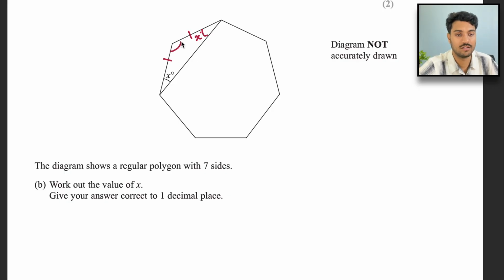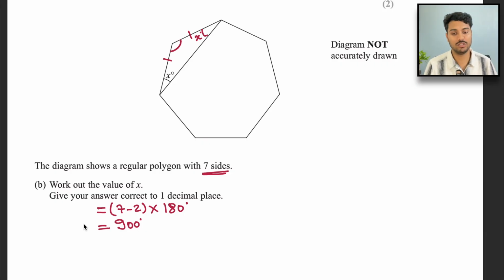So we have to find this angle first. n minus 2 into 180 degrees gives the interior angle sum, so 7 minus 2 multiplied by 180 degrees, because there are 7 sides. 5 into 180 is 900, and we have 7 sides. So each interior angle I is going to be 900 degrees divided by 7.